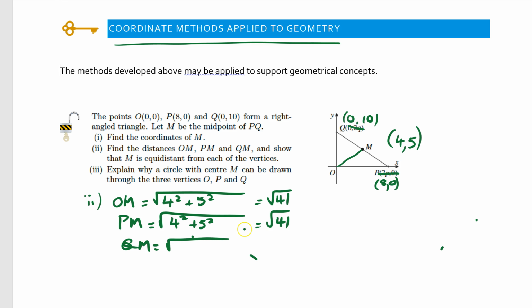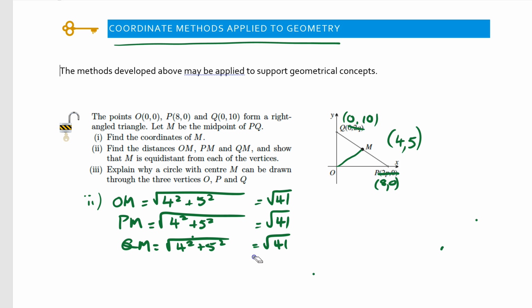QM is the square root of, from 0 to 4 is 4 squared. You notice I'm not being too worried about which ones I take first and second here, because we're only interested in distance, so the sign is unimportant. It's just a difference in x values of 4 and a difference in y values of 5. So again, that will also be root 41.